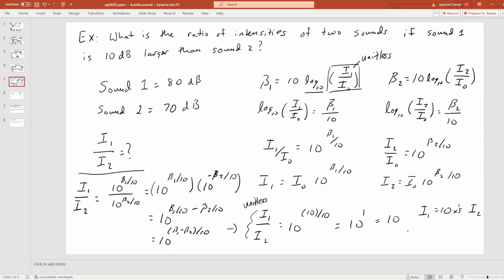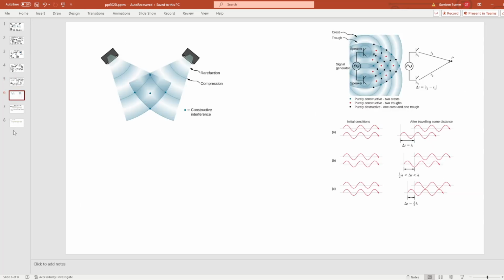So that is an example calculation on how to use this decibel equation, especially if it's been a while since you've used logarithms. You have to remember how to use your logarithms and why to use them. I hope that example makes mathematical sense. And we now move to the issues of interference in sound waves.